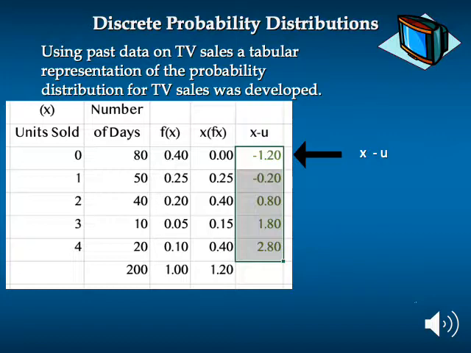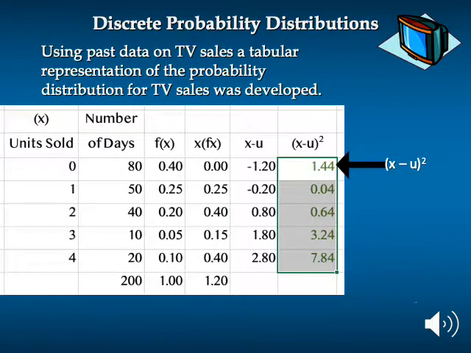The column after that is (x minus μ) squared. Well, that's easy enough. We're going to take negative 1.2 times itself, the square, and we're going to get 1.44. Similarly, when we take negative 0.2 and we square that, we get 0.04, and so on down that list.